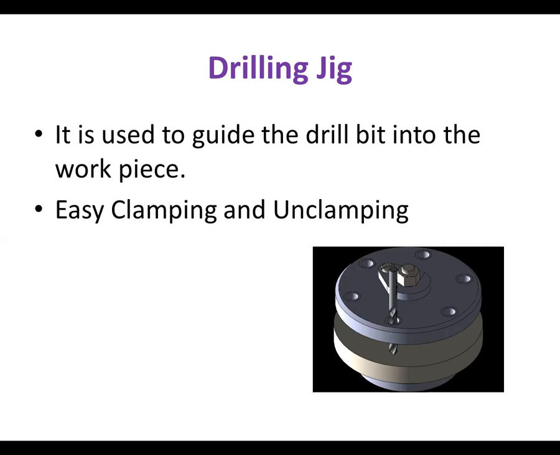If we know the purpose or the function of the component and we know how to assemble and how to disassemble the component, then we can easily draw the different parts of any mechanical component. So drilling jig is used to guide the drill bit into the workpiece.